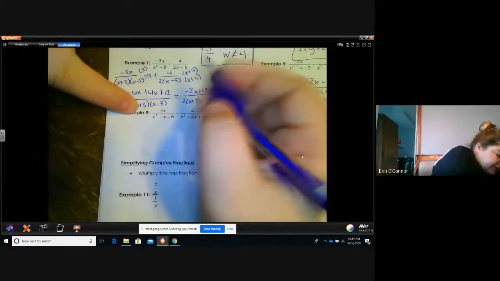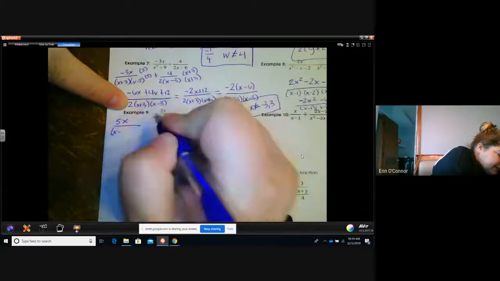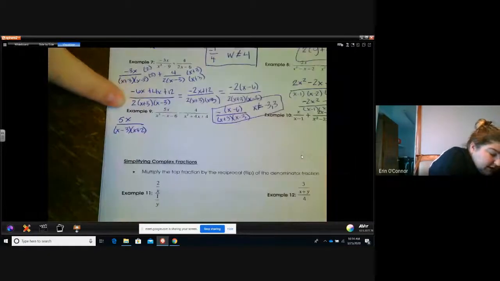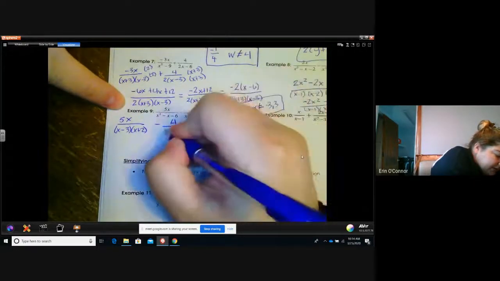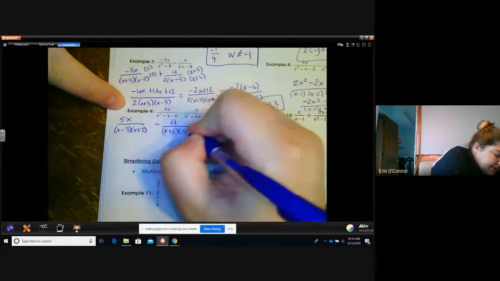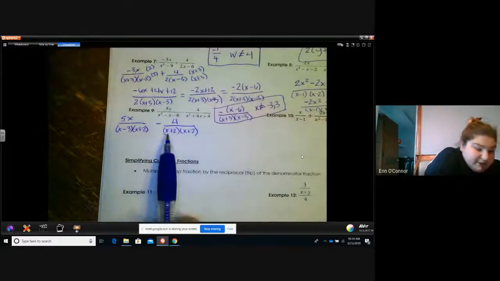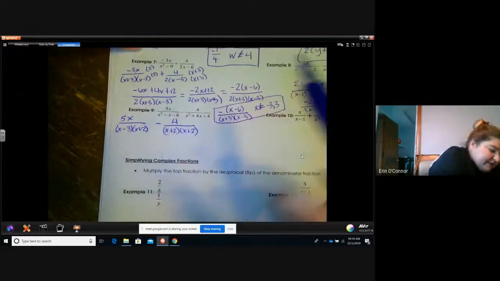So let's first factor out 5x over x minus 3, x plus 2, minus 4 over x plus 2, x plus 2. Now, this has one x plus 2, so we have to multiply this by another x plus 2. This has an x minus 3. We have to multiply this side.